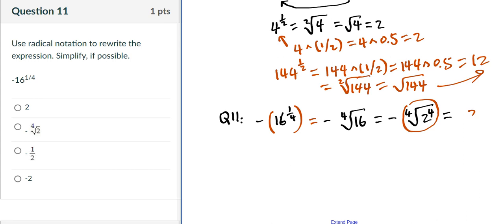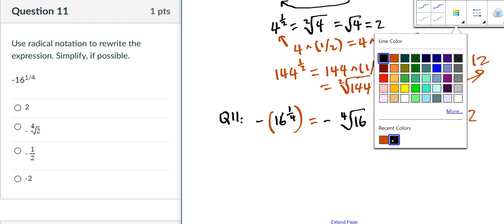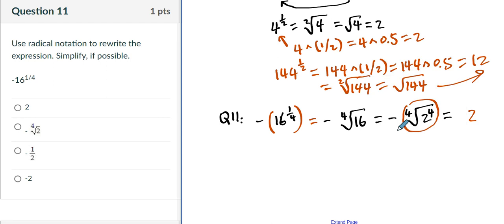So you put 2 there, but there is a negative in front of it. So you put negative in front of it. And the answer will be negative 2. Which one is that? The fourth one.